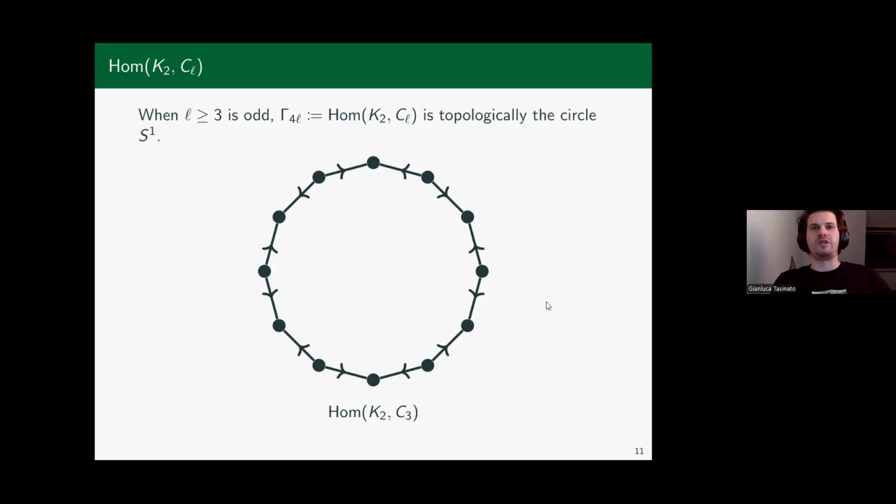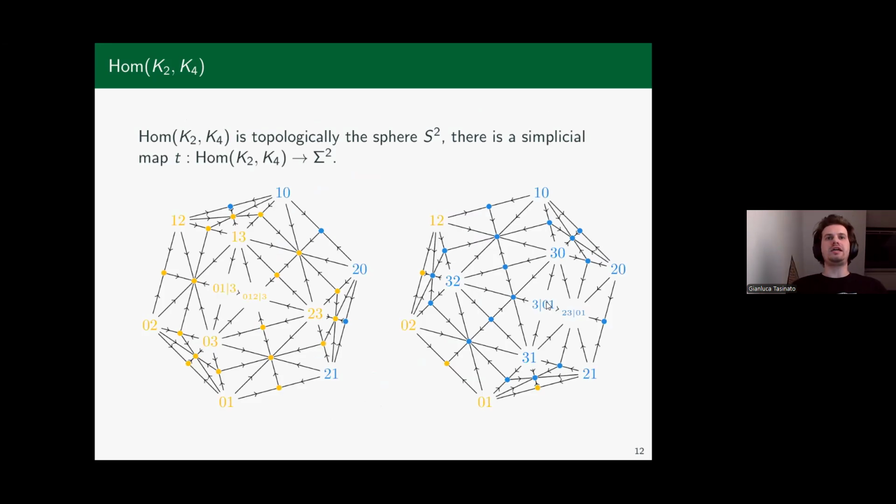This here, for example, is the simplicial structure that you get from Hom K2 C3. In the case of the clique, what you get topologically is a sphere, S2. This simplicial structure is a bit more complicated, but we can simplify it because we have a simplicial map that is antipodal with respect to the symmetry that maps into our simple simplicial set structure that we built earlier, sigma 2.